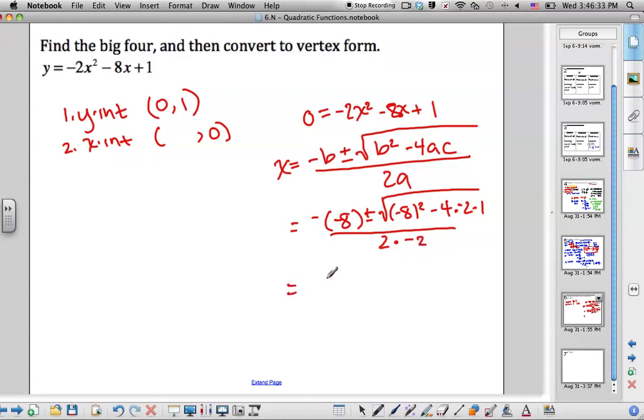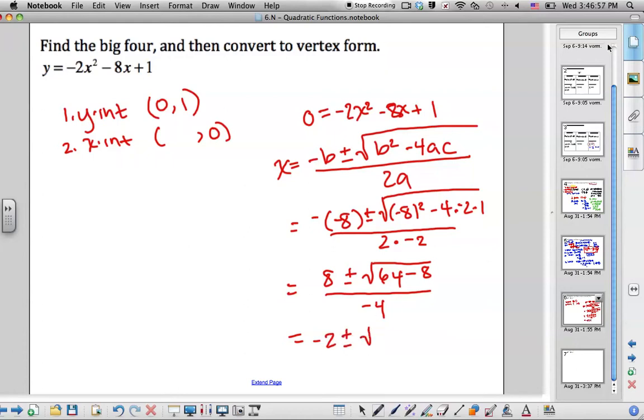So we just simplify this a little bit. It becomes 8 plus or minus the square root of 64. This becomes positive, minus 8, all over -4. 8 divided by -4 is -2, plus or minus the square root.